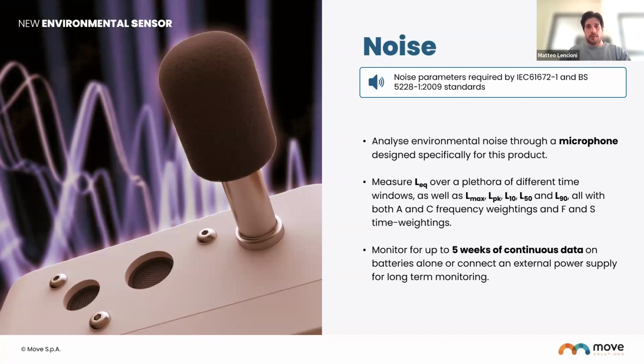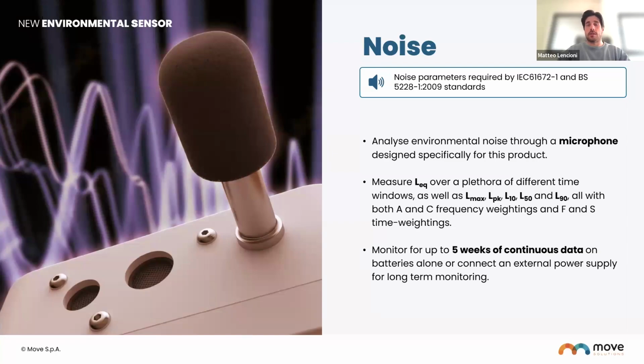So more specifically, what the sensor can do, it can provide the equivalent value of sound level on a selectable time window. It can provide the maximum sound level and the peak sound level.